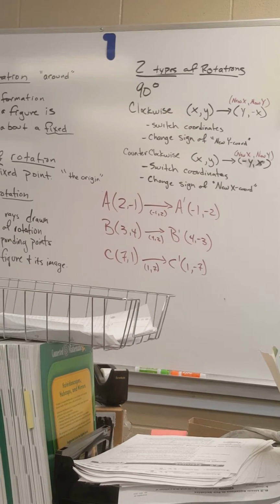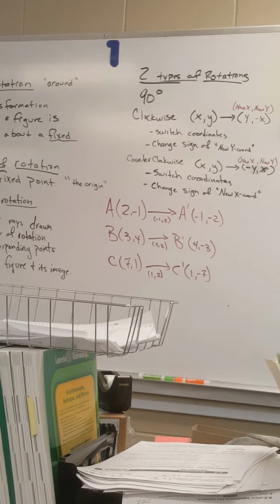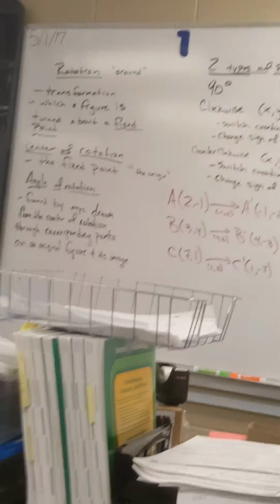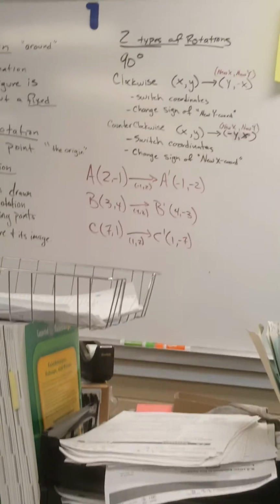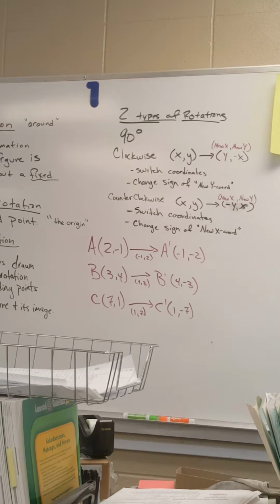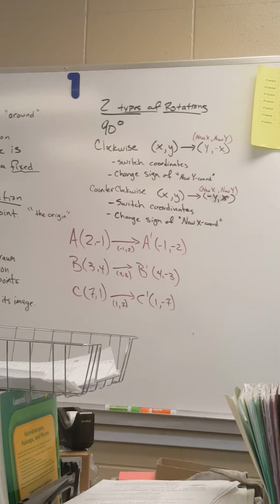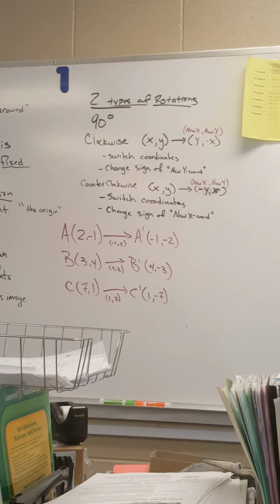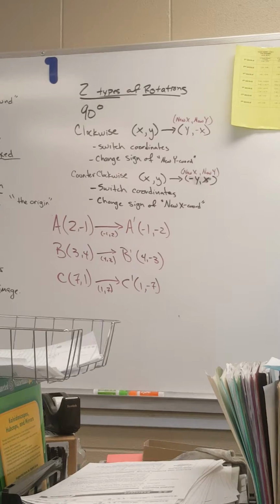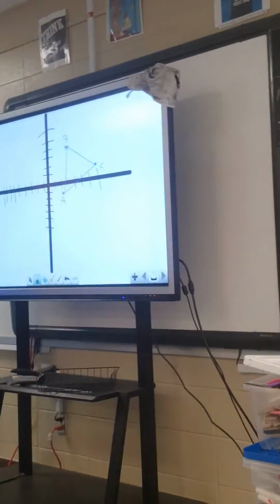Now let's see if this gives us an angle of rotation of 90 degrees. For A prime, which is negative 1, negative 2, I go left 2 and then down.